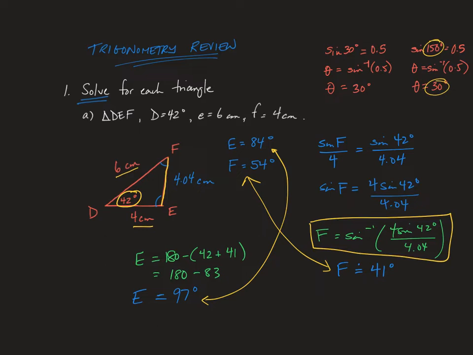My calculator is designed with a set of rules. It's programmed to follow certain rules. And what those rules are is whenever I take the inverse sine of some value, if my calculator can give me an acute angle, an angle less than 90 degrees, then that's what it spits out as an answer.